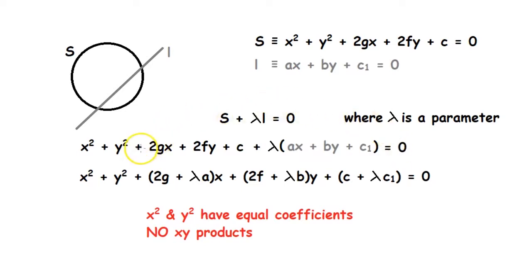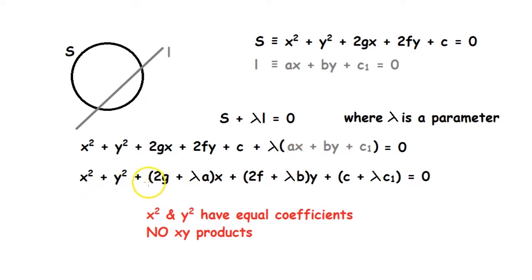So when we rearrange this, we get x squared plus y squared plus 2g plus lambda a into x plus 2f plus lambda b into y plus c plus lambda c1 equals 0. This equation has x squared and y squared terms with equal coefficients. Also, there is no xy product.